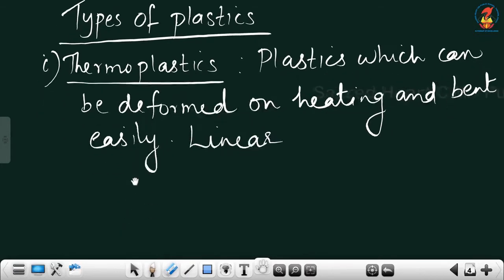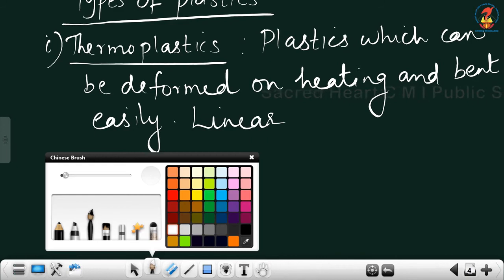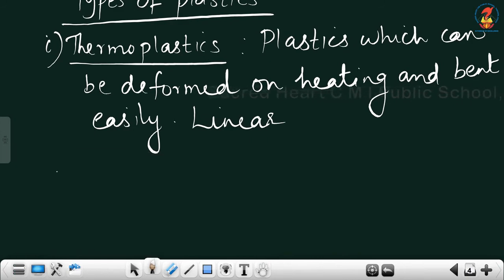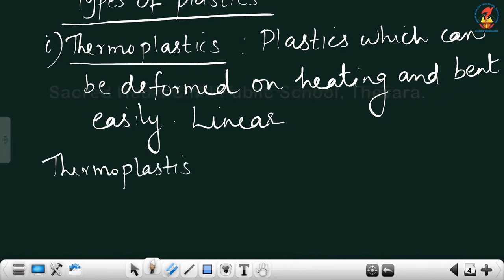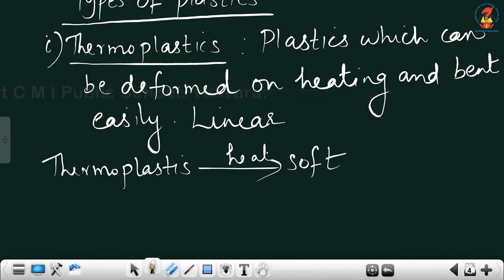Now, the easiest way to explain thermoplastics, just for you to remember, thermoplastics are plastics which when heated become soft. Then again when you cool it, it becomes hard.